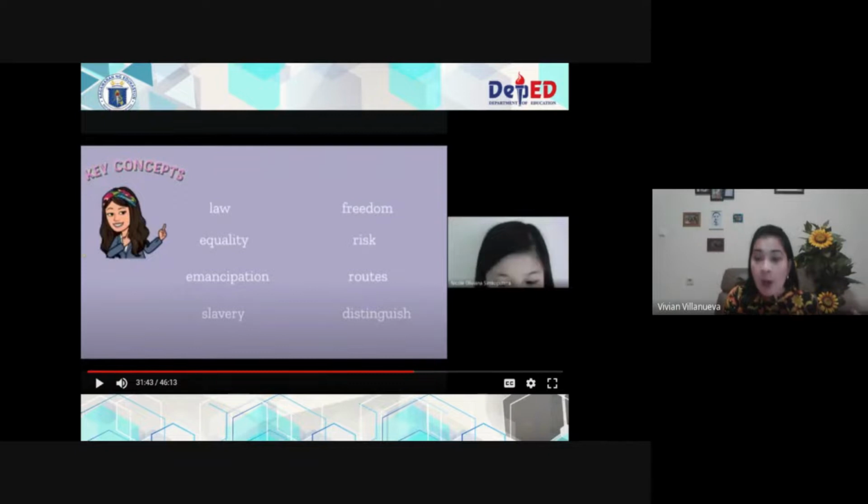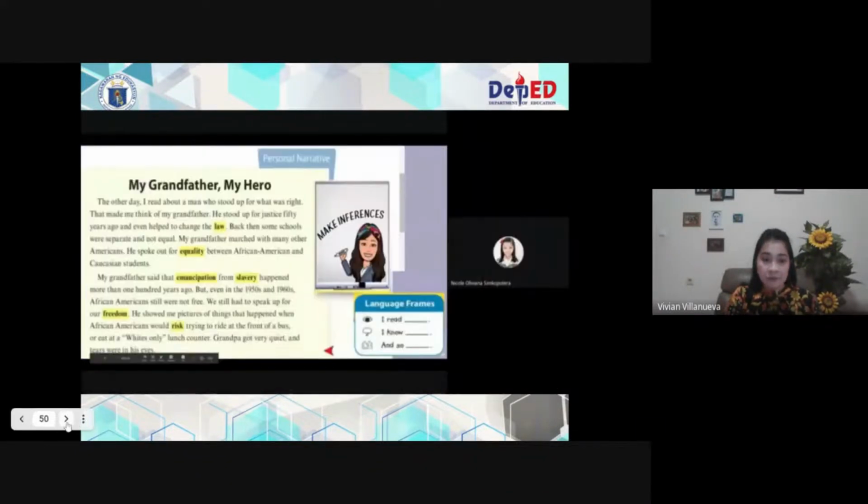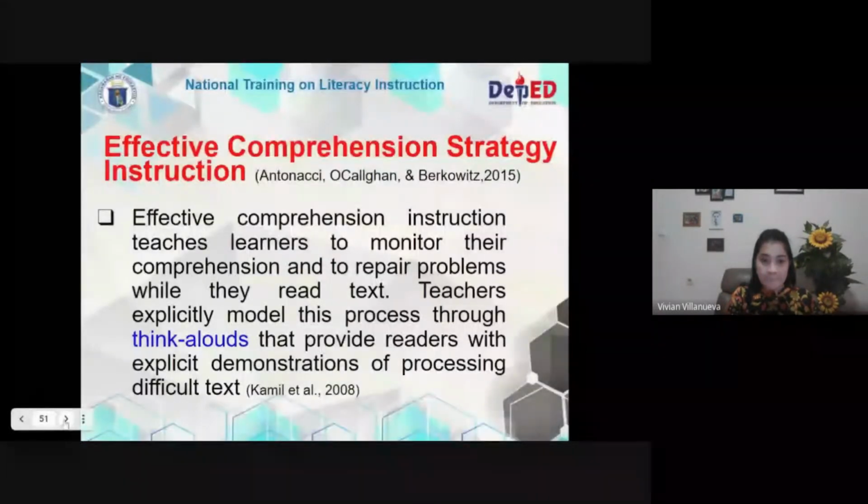This is another pre-reading activity I've done, unlocking of difficulties, or understanding vocabulary words in the text. Before modeling, I make sure the vocabulary words in the text are understood by the learners. Those are some of the scaffolding techniques I've introduced to my students.